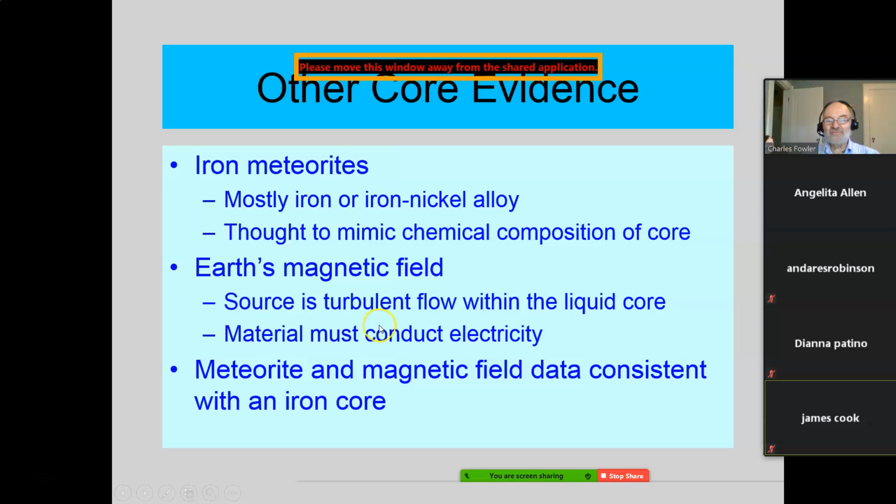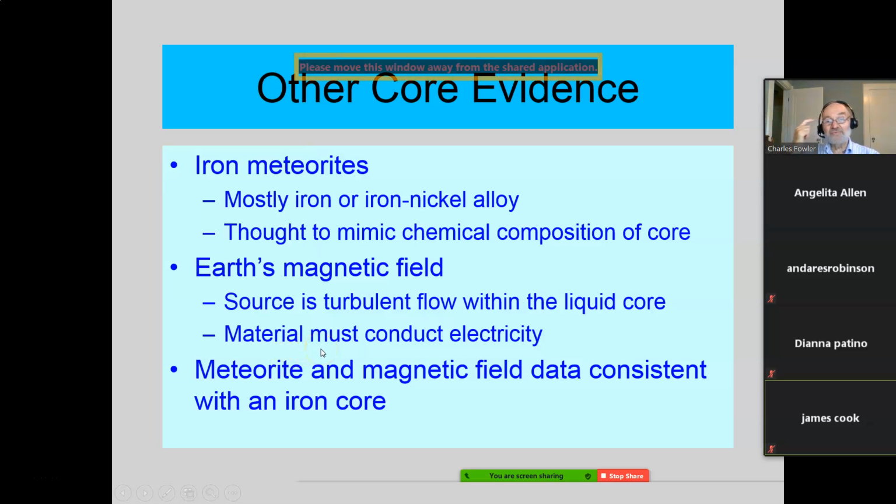You see, the other stuff just told you it was liquid, solid, but didn't tell you what it is. The fact that the iron meteorites are out there seeming to mimic what our core is would indicate iron. The material must conduct electricity.